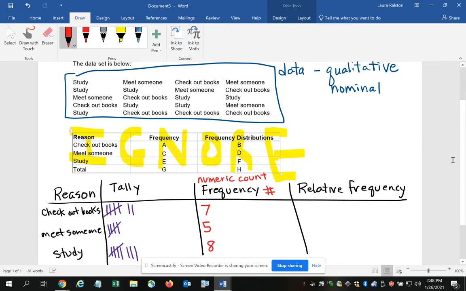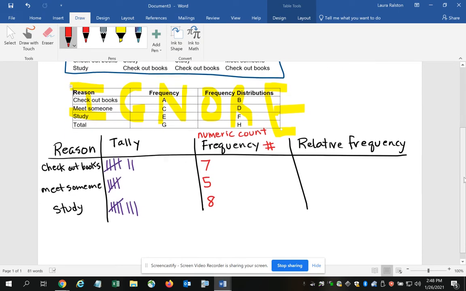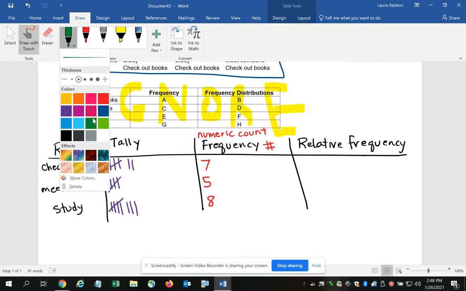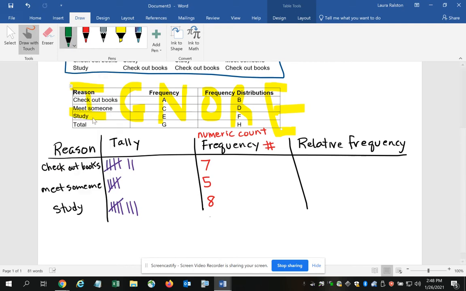Now, before I proceed, I'm going to total up that frequency, because the total frequency should equal the total number of responses that I had, and I was told in the beginning that I had 20 responses. And I do total to 20, which means I didn't miss any. That's a good thing.